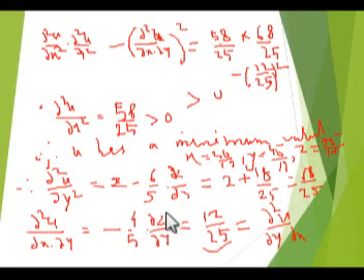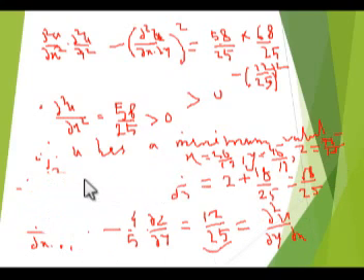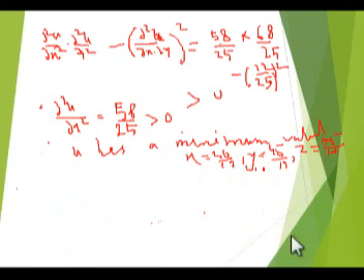And we have to find the minimum value. So how can we calculate the minimum value? Just put the values in the function and find the minimum value in this way.